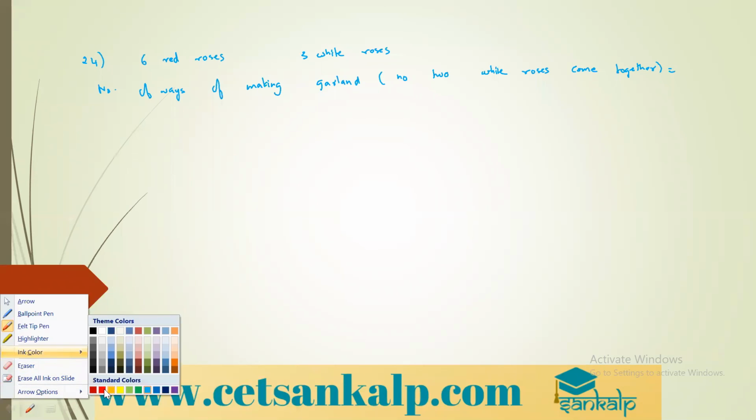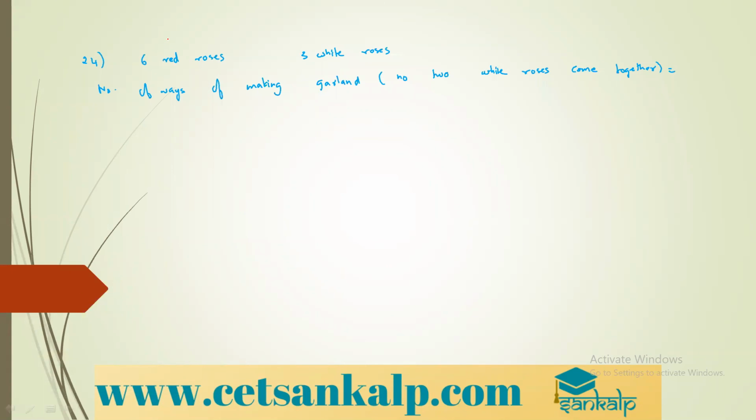So for this also, I have a formula. First type, M things are there. Second type, N things are there. No 2 N things come together. Remember M will be greater than or equal to N. I can take M minus 1 factorial into MPN. But I have to take half of it because it is circular permutation.